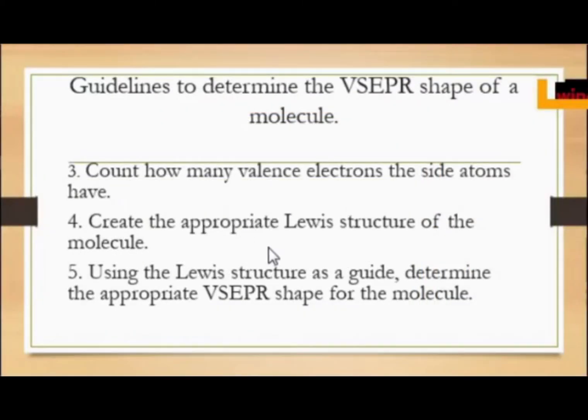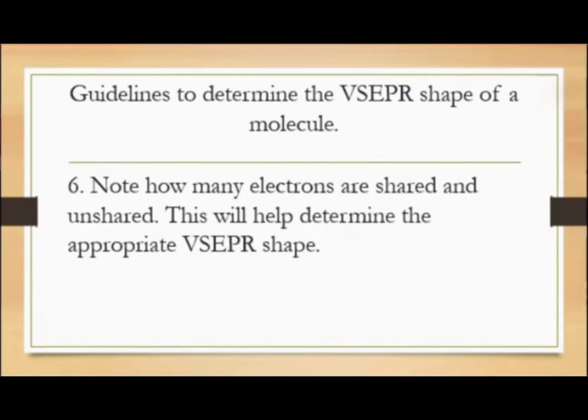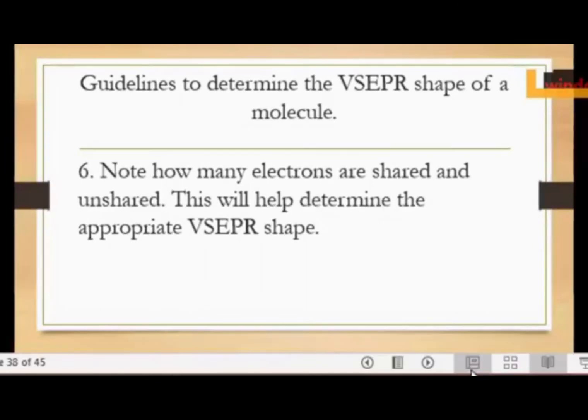Fourth is to create the appropriate Lewis structure of the molecule. Fifth, using the Lewis structure as a guide, determine the appropriate VSEPR shape for the molecule. And lastly, note how many electrons are shared and unshared. This will help us determine the appropriate VSEPR shape.